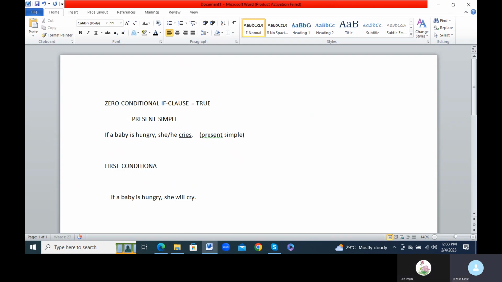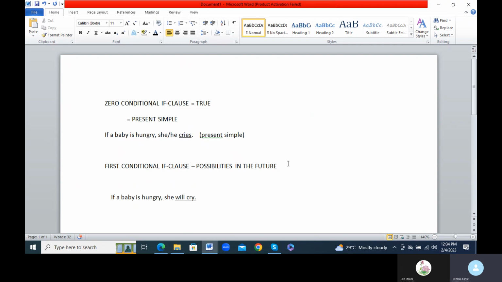First conditional if clauses describe possibilities in the future. But also the truth, yes, because when you say possible, it can happen, right?